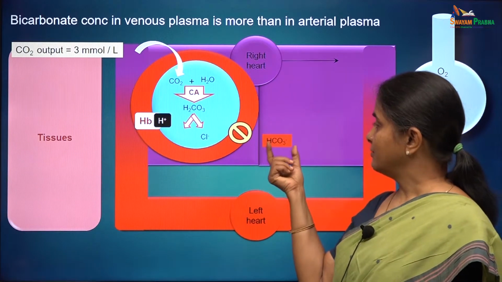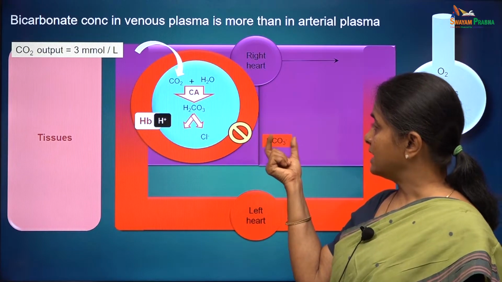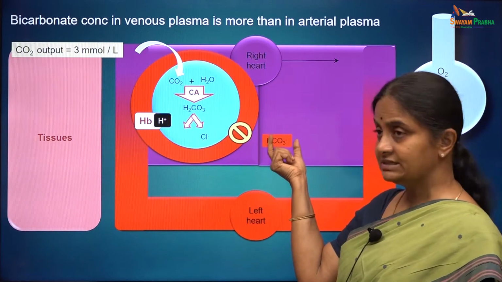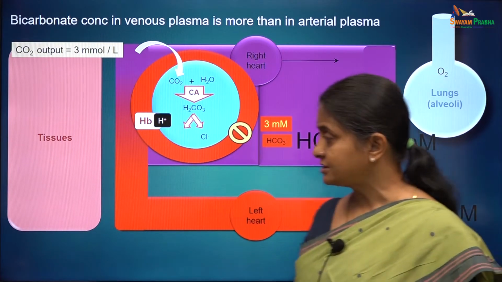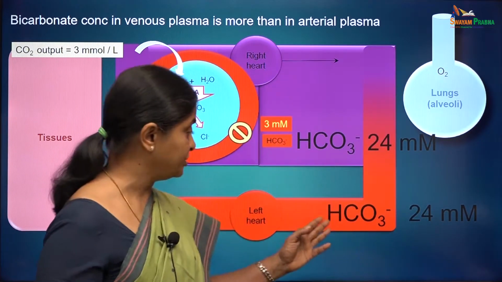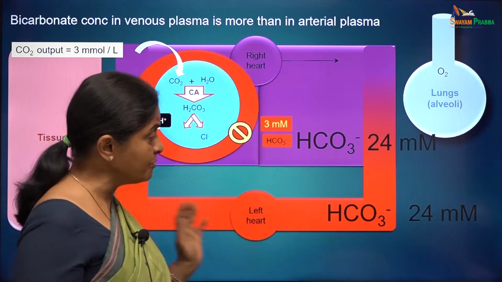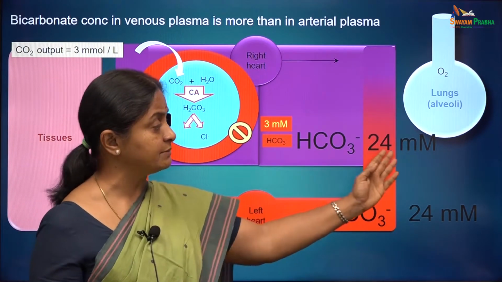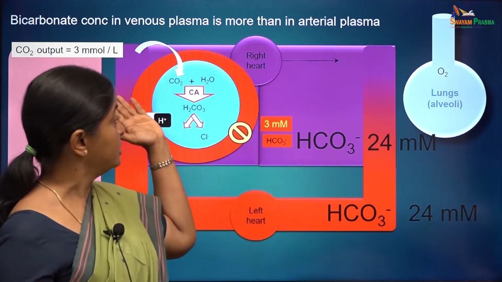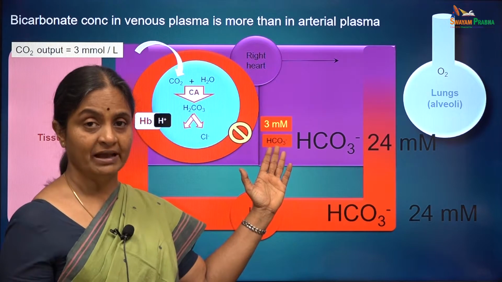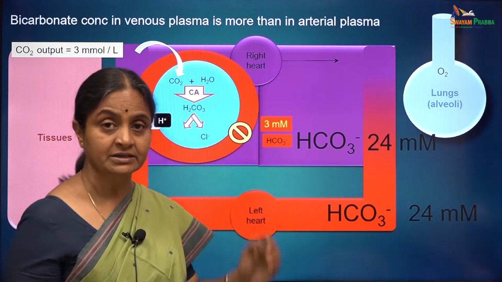Now, remember, these bicarbonate ions have come in from red blood cells, and this is going to be over and above the bicarbonate ions that have moved into venous blood from arterial blood. Already there was a bicarbonate concentration of 24 millimoles per liter, and now the erythrocytes are adding more bicarbonate. How much more bicarbonate?